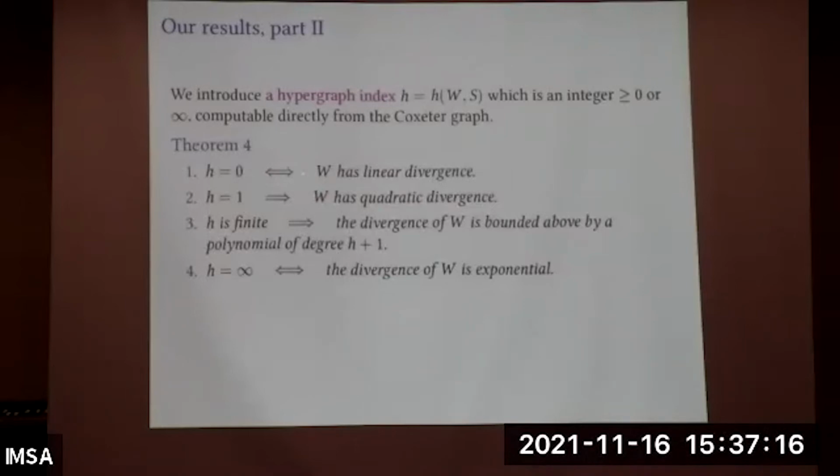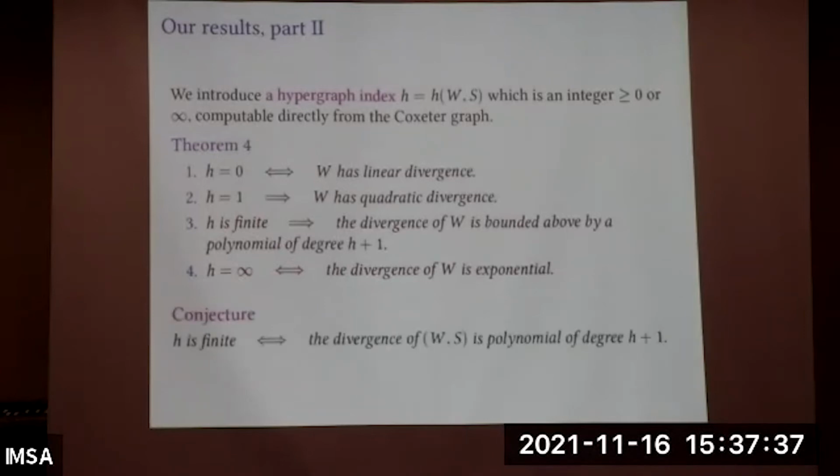This is if and only if. The next ones are just one direction; we're able to show them only in one direction. If h is finite, the divergence is bounded above by a polynomial of degree h plus 1. And if h is infinity, that's if and only if the divergence is exponential. We conjecture that we can reverse these two arrows.